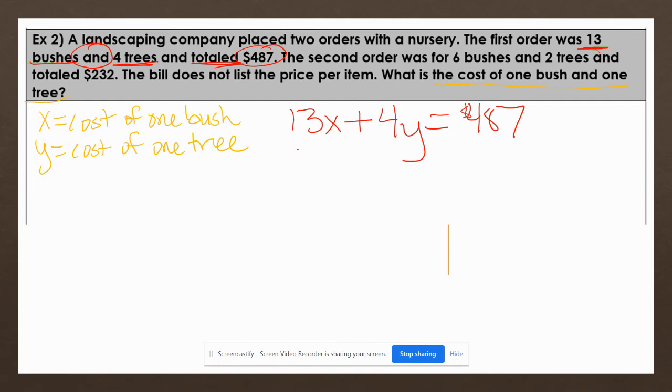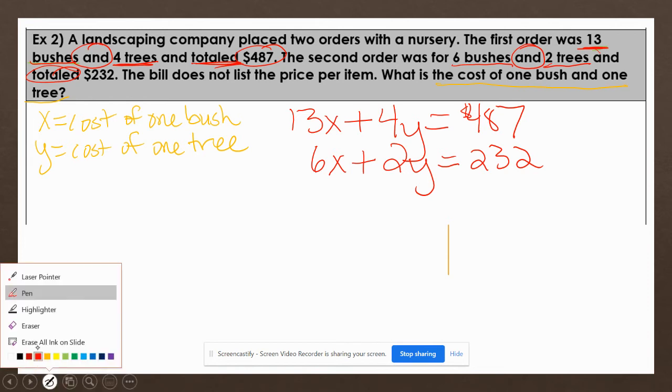The second order, so we're on a new line, we have 6 bushes, 6x, plus 2 trees, 2y, totaled equals 232. And so there is my system of equations.